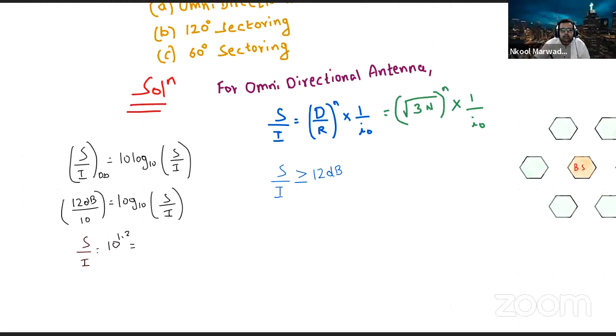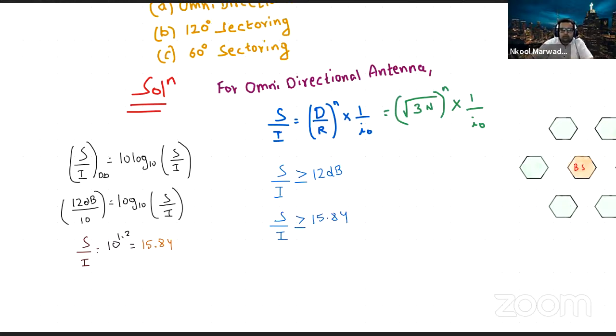That's the right value you got. So now I got rid of the dB, and I can say that S by I has to be greater than or equal to 15.8. Is it clear until here? Yes.